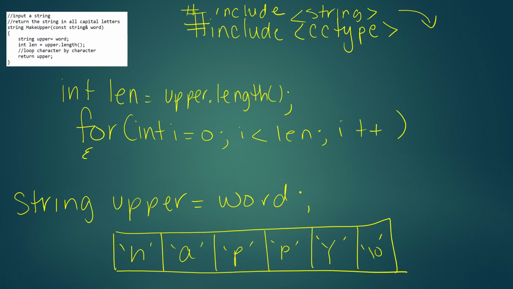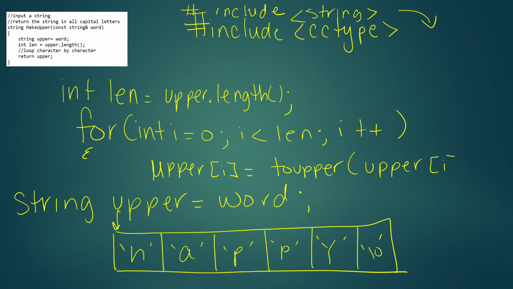and take the word that I have already here. This is upper. So I can just character by character change it to uppercase. So I would just say, inside of my loop, upper at index i equals toupper, that's the name of the function, and I pass it character by character.